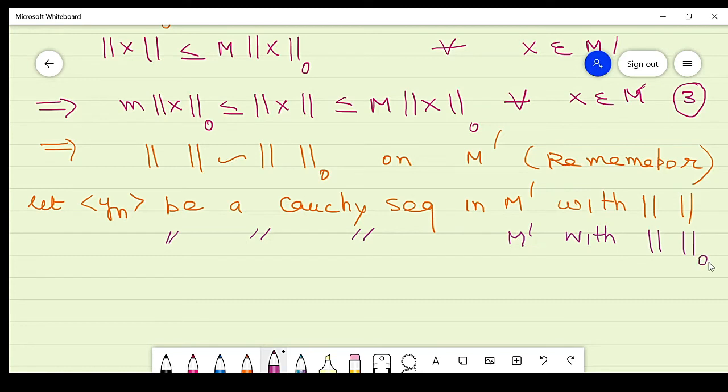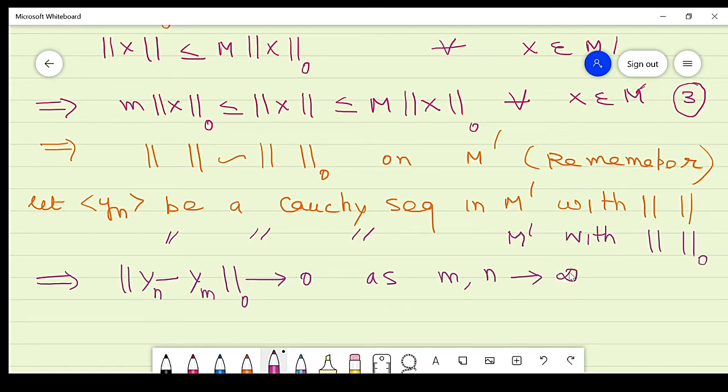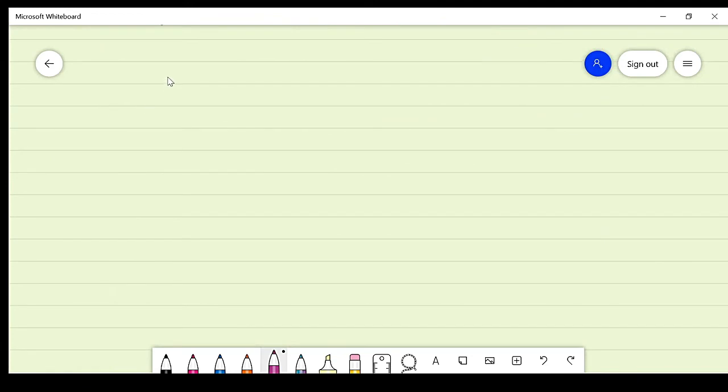So this is a Cauchy sequence with the 0th norm because they are equivalent. If equivalent, then by the definition of Cauchy sequence, the 0th norm of Yn minus Ym approaches 0 as m, n approach infinity, right? So this is the definition with the 0th norm. Now we will find the value of Ym minus Yn.